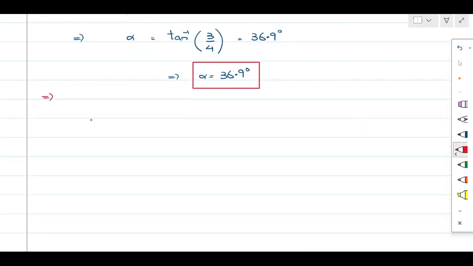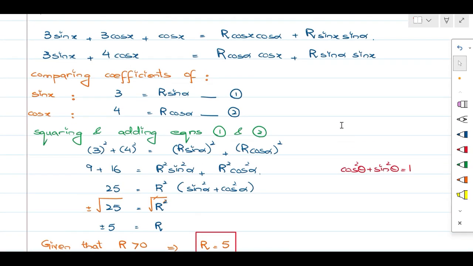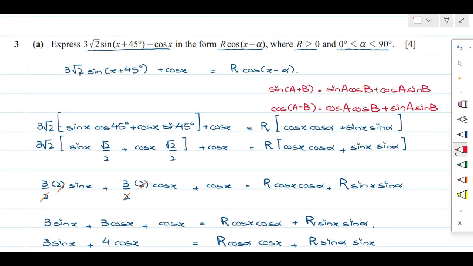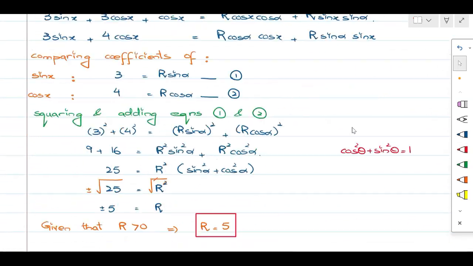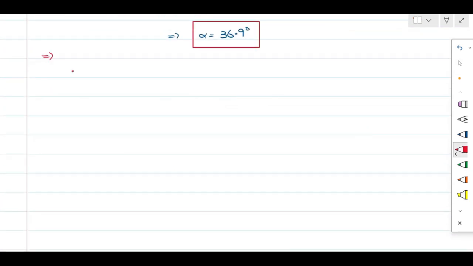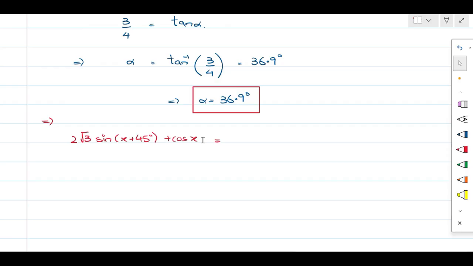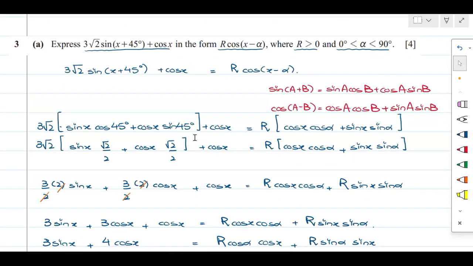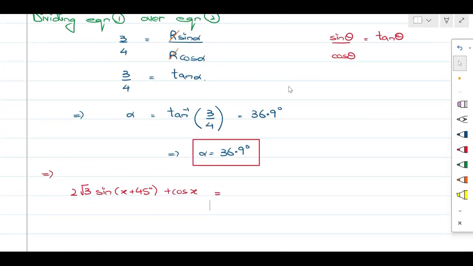This implies we can rewrite the question as 2 root 3 sine x plus 45 degrees plus cos x. This is equal to R cos x minus alpha.